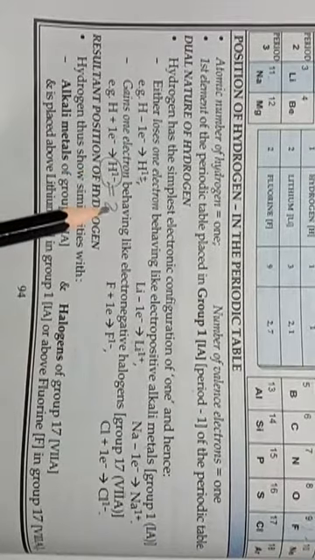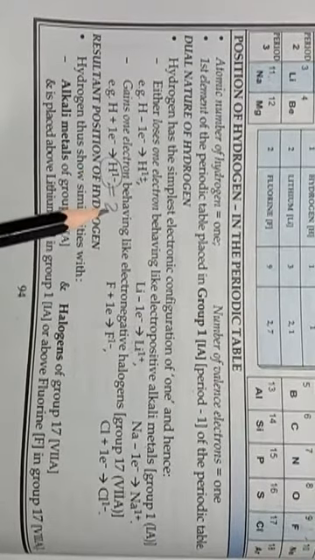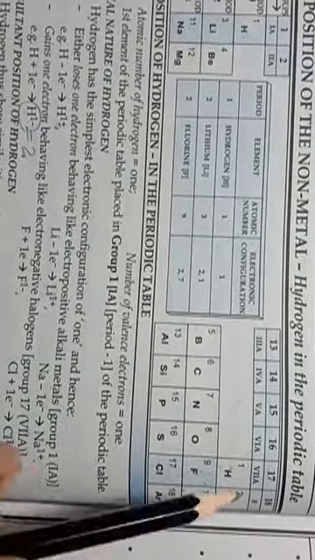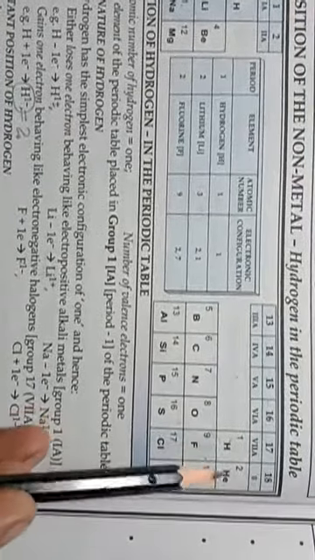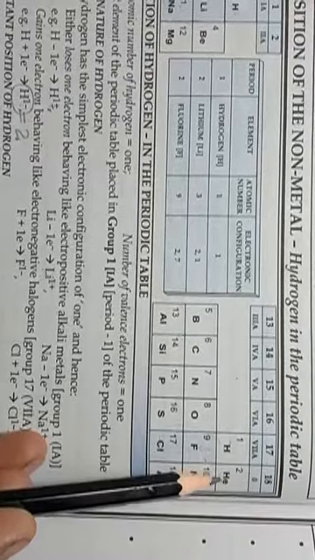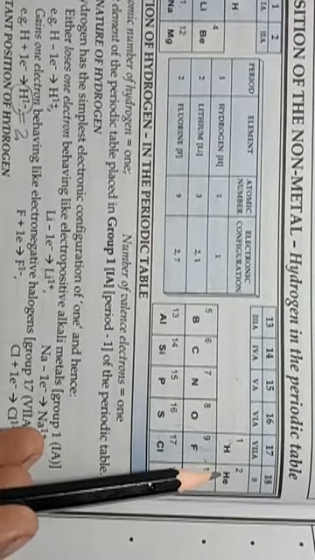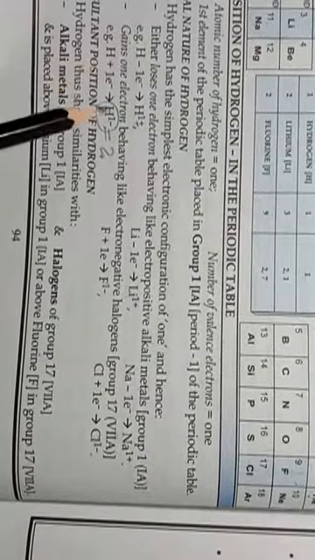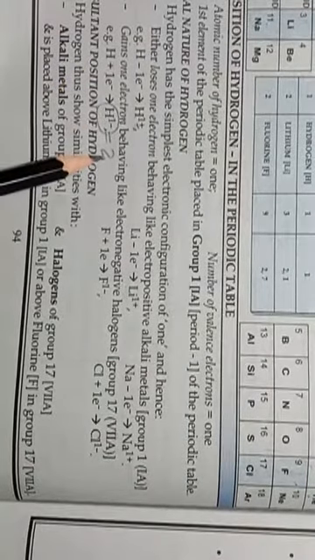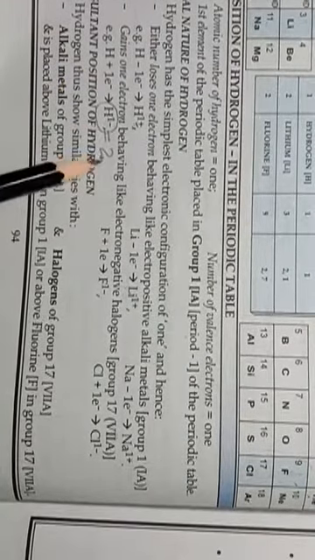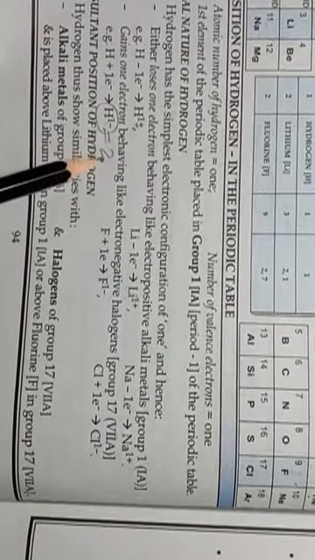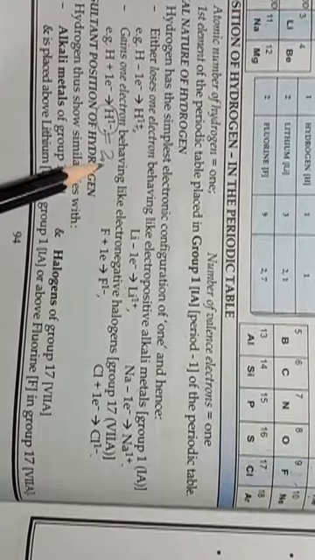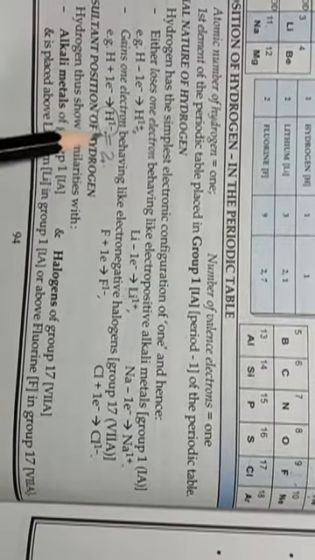By completing its 2 electrons, hydrogen attains the configuration of the nearest noble gas, which is helium. So in the form of hydride ion, hydrogen achieves the duplet configuration in the shell, like helium.